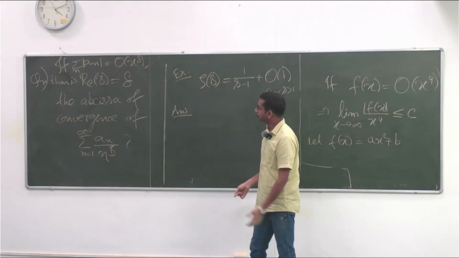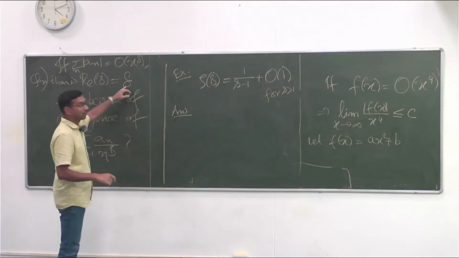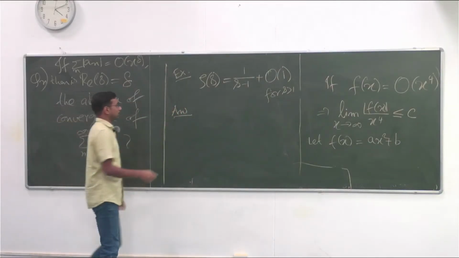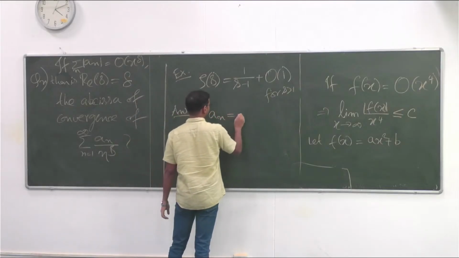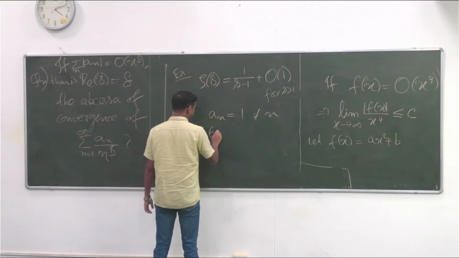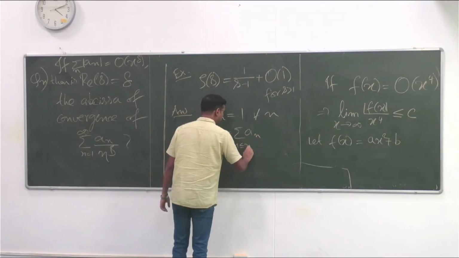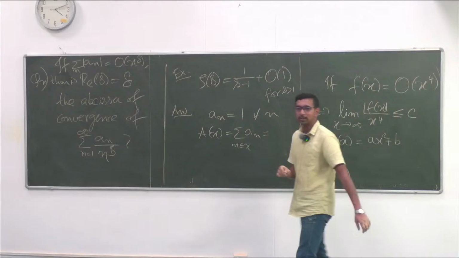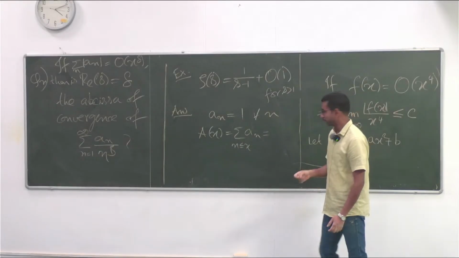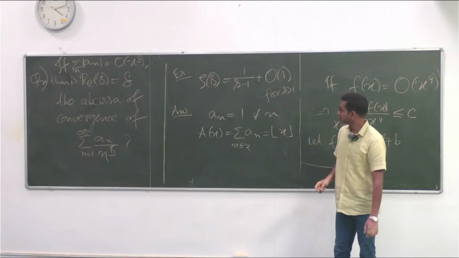For real part of s greater than 1. So you can take delta to be equal to 1. If you take a_n to be equal to 1 for all n, that means A(x) is the sum over n less than or equal to x. What is that? Very good. It's the floor of x.